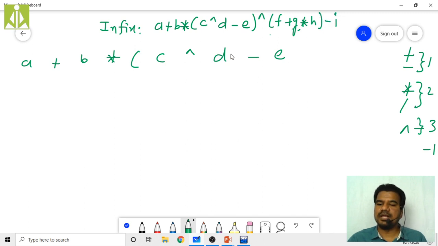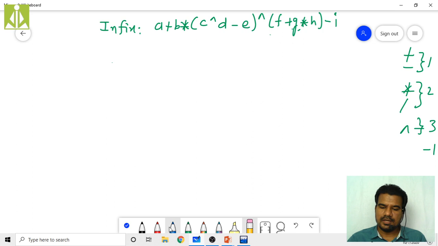This is my complete string. So I'm removing this. Then I will write here something like this.